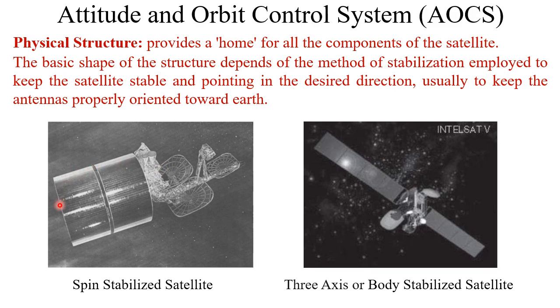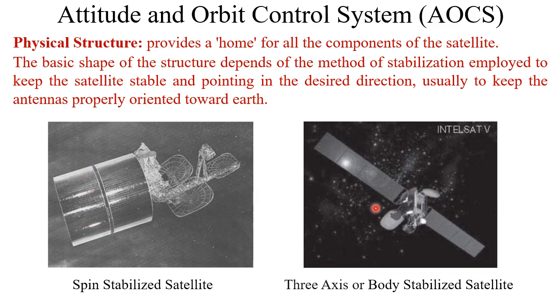In the spin stabilized satellite, generally they are cylindrical in shape, and for 3-axis or body stabilized satellites, their shapes are completely different. In a spin stabilized satellite, the solar cells were generally placed on the body of the satellite, meaning on the cylinder.